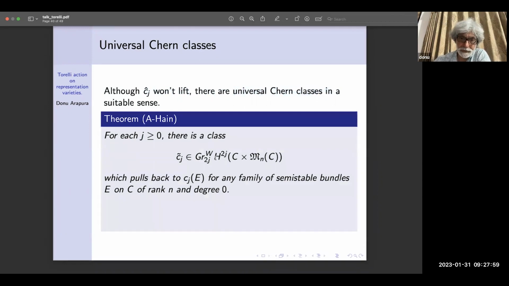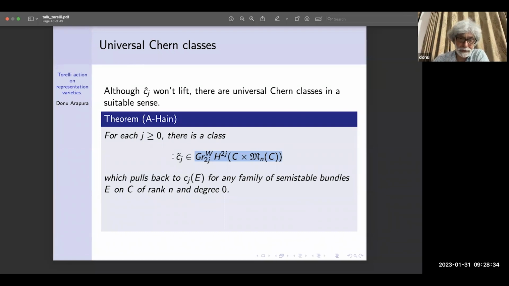So as I said, the cohomology, now I got the C cross MN here. So this carries a mixed Hodge structure. And because the space whose cohomology we're taking is projective, it's going to have weights from 0 to 2J in this degree. So this is the top weight quotient of this mixed Hodge structure. So it's a pure Hodge structure actually of weight 2J.